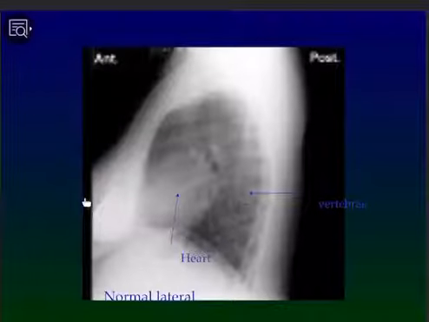This is breast shadow, this one. Okay. This is heart, and the space in front of the heart behind the sternum, this is the space of the lung which is called retrosternal space. And there is also a space behind the heart which is called retrocardiac space. And what is this thing? These are the vertebrae.